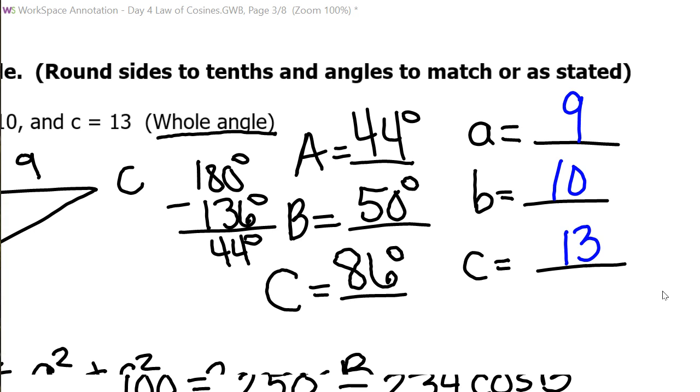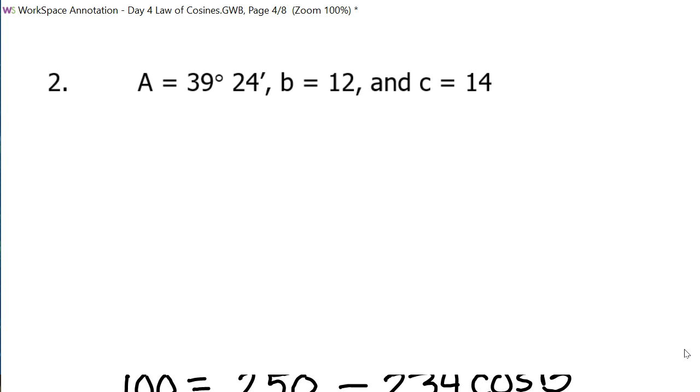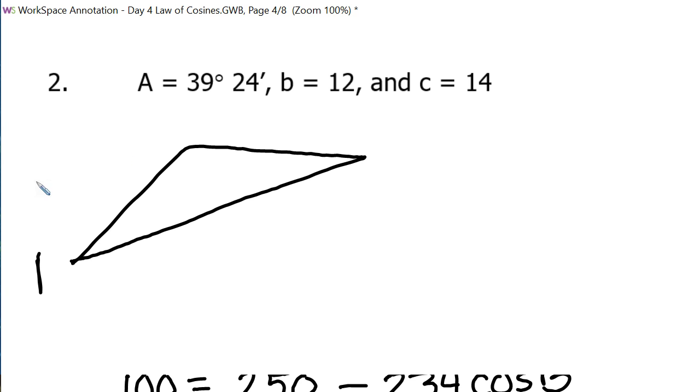Okay, next one, number 2. Again, draw yourself a diagram, and notice angle A is in degrees and minutes, so all of our angles need to be in degrees and minutes.